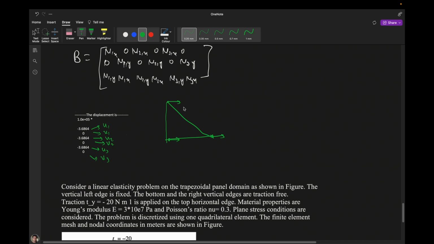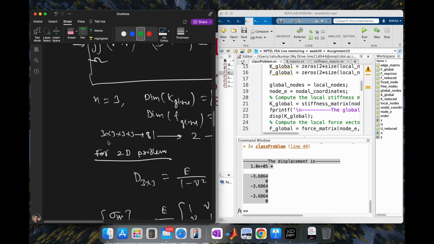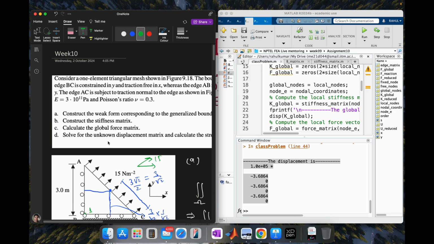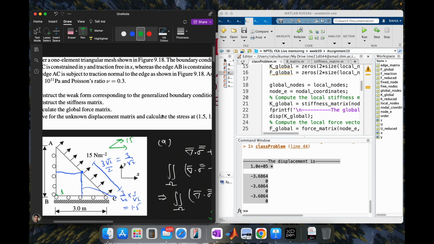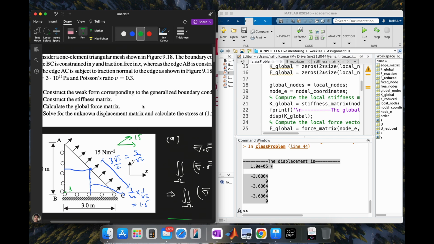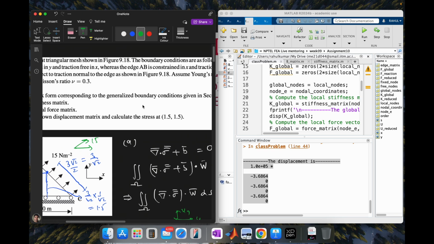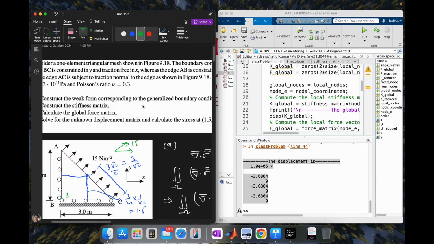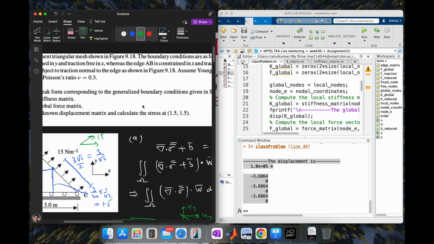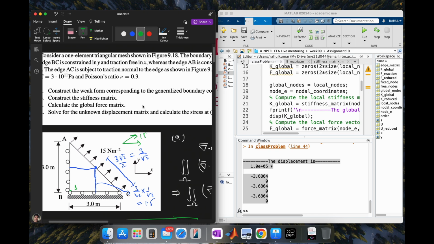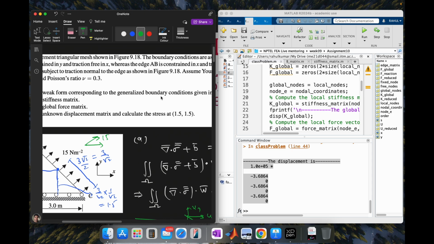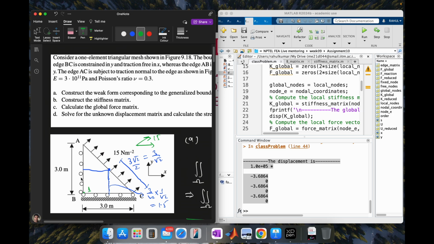Okay, and there is one more thing we need to understand. It is saying that only the edge AB is constrained to move along. BC is constrained in y direction, okay, fine, and traction free, whereas AB is constrained in x direction.